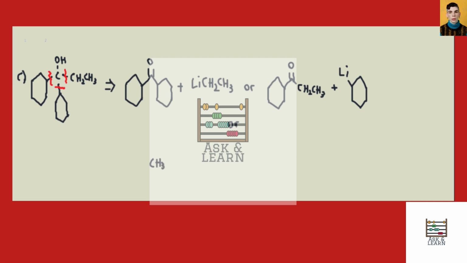So we could start from this, actually. So let's say the methyl ester. Okay. And if we were going to start from this ester, what we would use would be the cyclohexane organolithium.